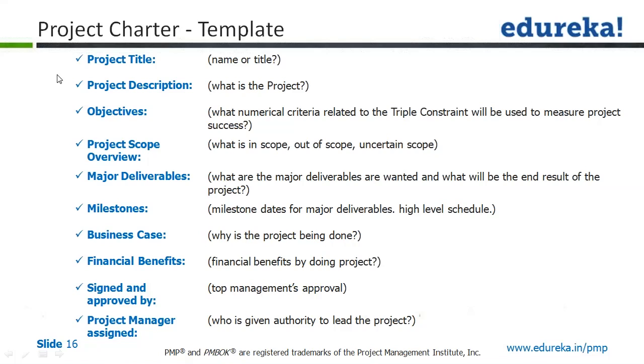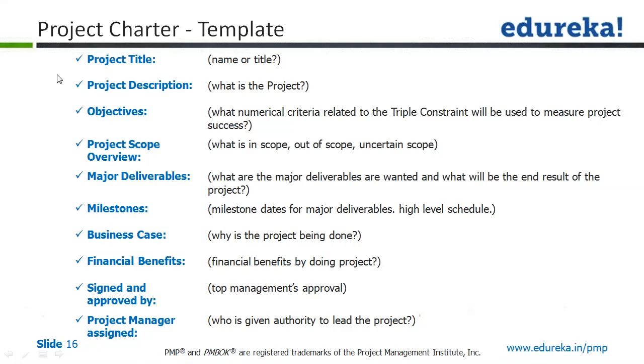The second falls under project stakeholder management, which is identify stakeholders. You will be very clearly asked questions pertaining to the initiating process areas, and project charter would become the default first choice from an exam perspective.